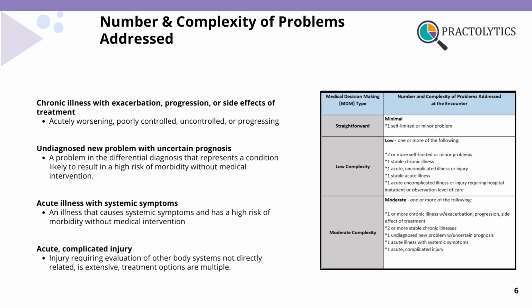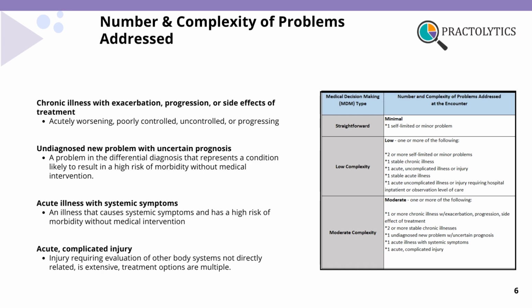For general symptoms such as fever, body aches, or fatigue in a minor illness that may be treated to alleviate symptoms, you'll have to see the definition for self-limited or minor problems. Usually, acute conditions with fever, body aches, or fatigue may not be classified as systemic symptoms because they are the most common signs and symptoms. Then the next one is acute complicated injury.